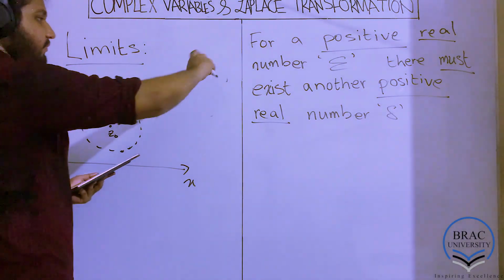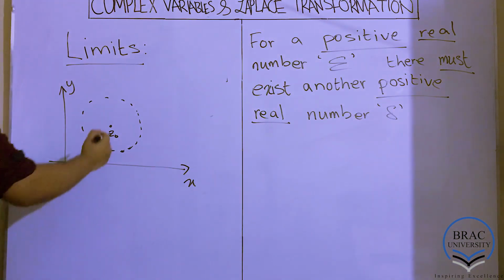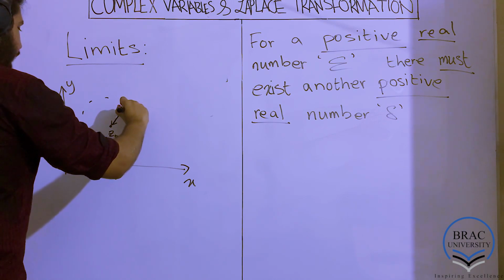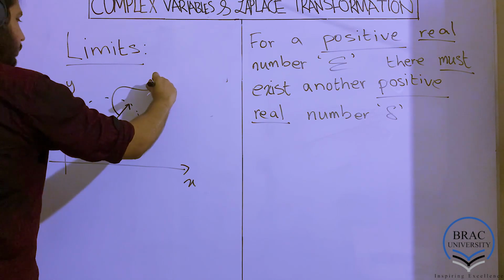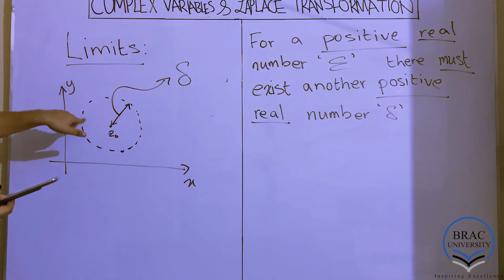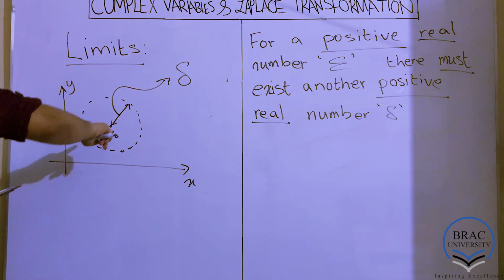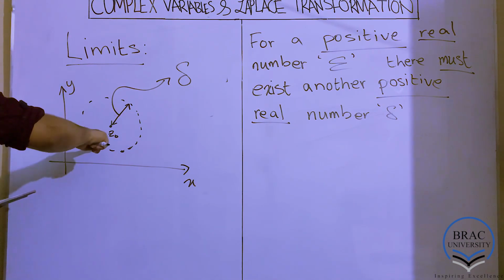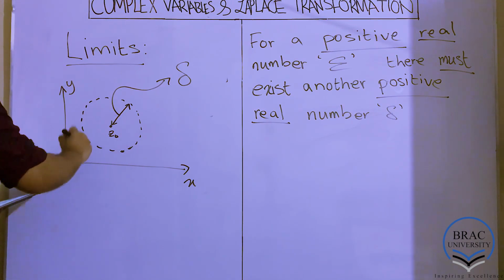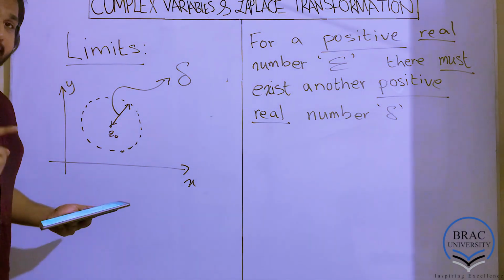Now, for a positive real number epsilon, there must exist another positive real number delta. What is the delta? The delta is the radius of this sort of ball. This is an open ball, as in this ball does not contain the elements which are at the surface of the ball. This is a two-dimensional ball, and it's a deleted neighborhood.